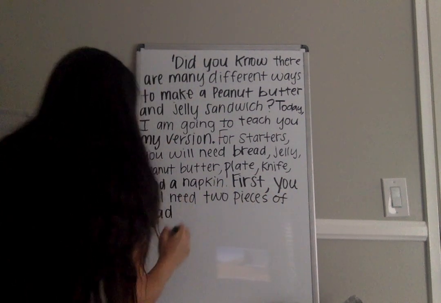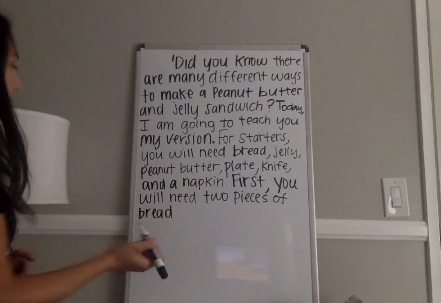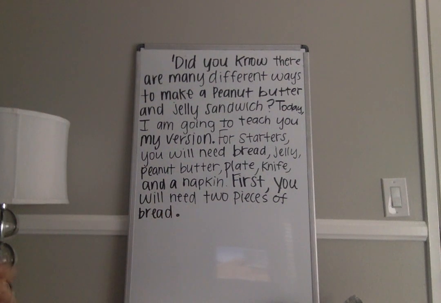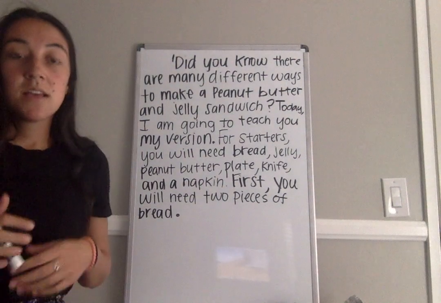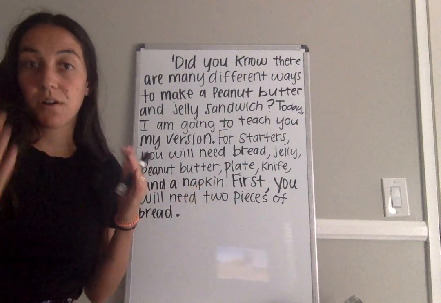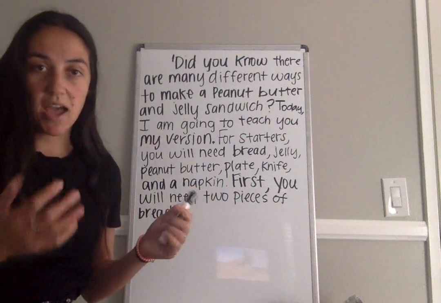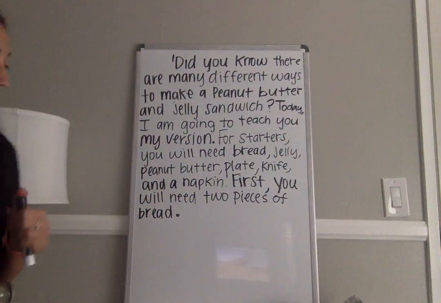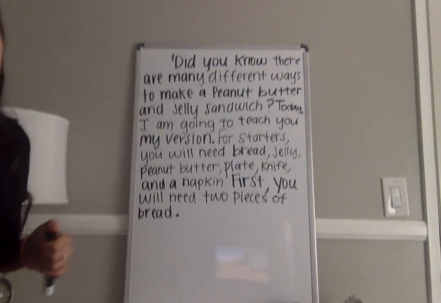Sorry, I will move. So first you will need 2 pieces of bread, period. Now, this is the time where some of our writing is going to be different. Some of you have decided to put peanut butter on each side and then jelly on each side. Some have decided to put peanut butter on one, jelly on the other. Sorry, I'll move so you can see.